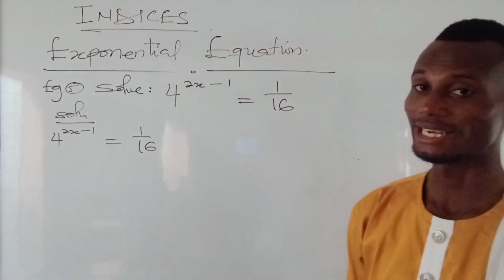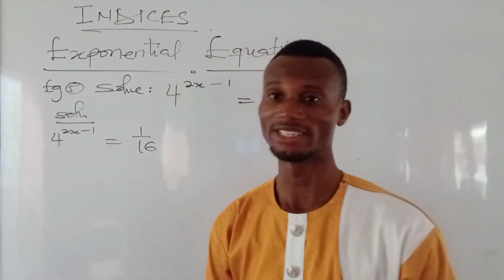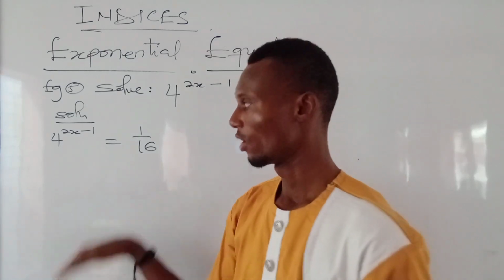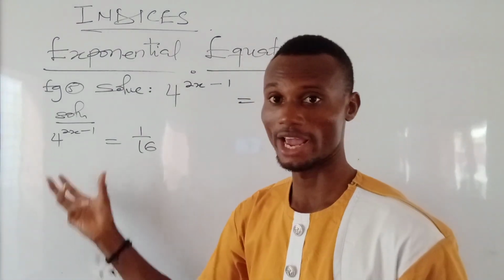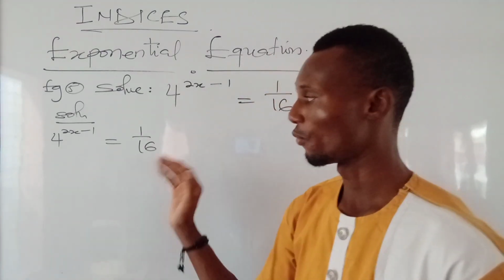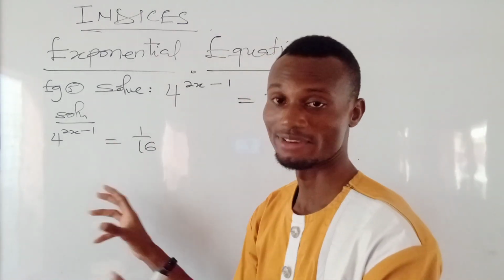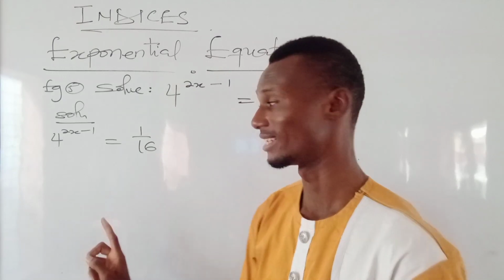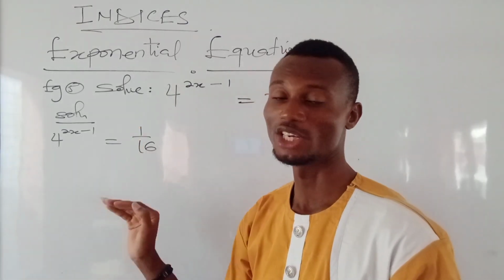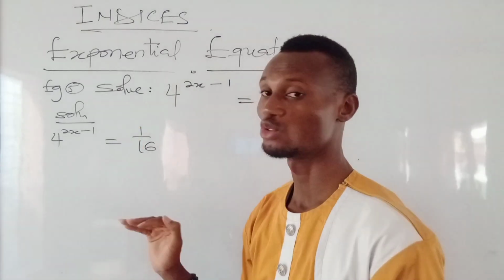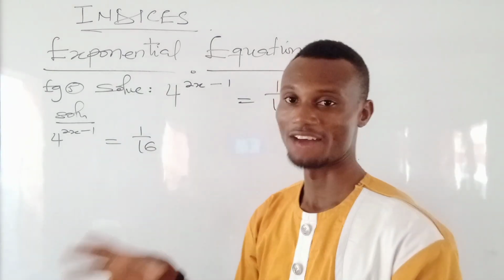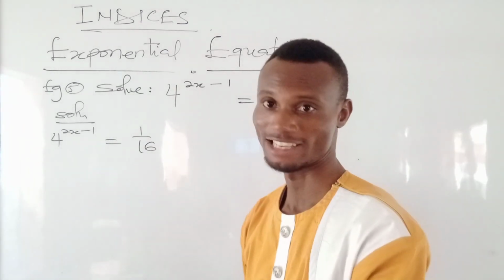So now in the last video, which is example 4, we did this type of example, where we said that for you to start solving this one, the first thing that you need to do is that the 1 over 16, you need to write it as 16 to the power negative 1, and I've explained it in example 4.